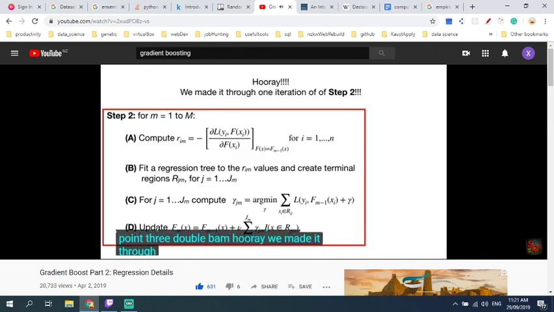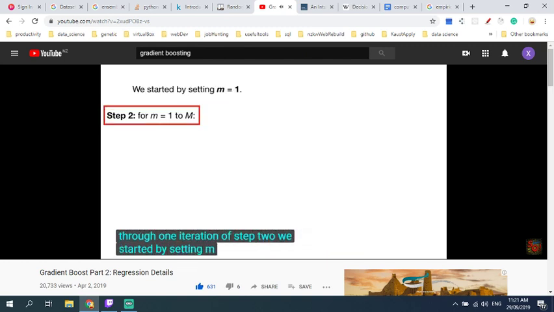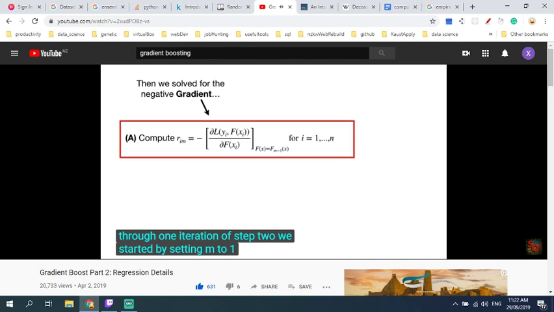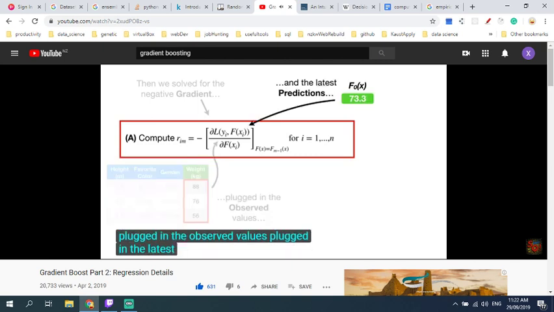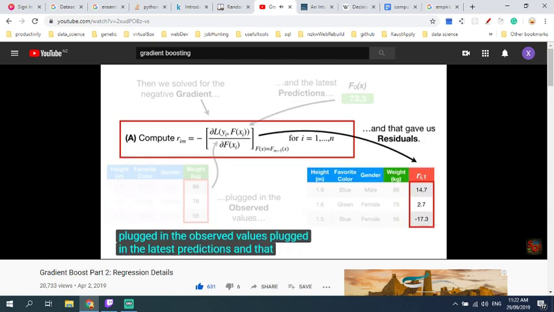Hooray! We made it through one iteration of step 2. We started by setting m to 1. Then we solved for the negative gradient, plugged in the observed values, plugged in the latest predictions, and that gave us residuals.